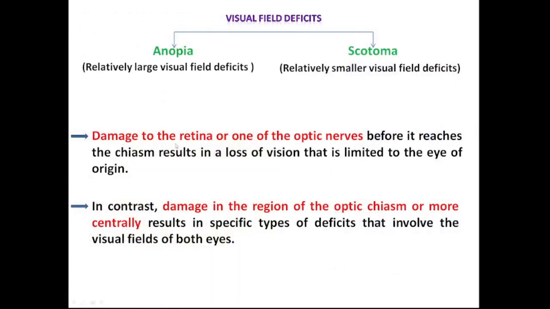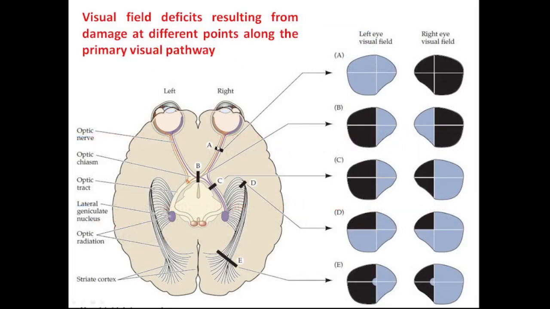If you damage the retina or one of the optic nerves before it reaches the optic chiasma, it results in loss of vision that is limited to that particular eye of origin. That means if you damage any part of the right eye, the right eye visual field will be affected, limited to the right eye only, and the left eye will not be affected.